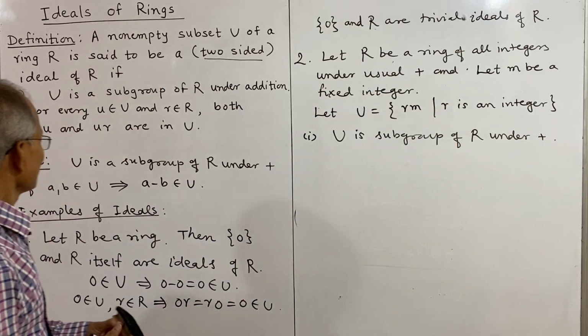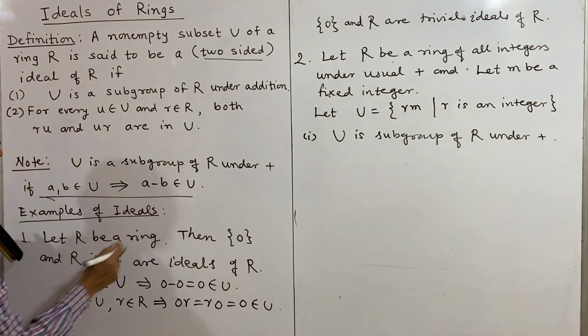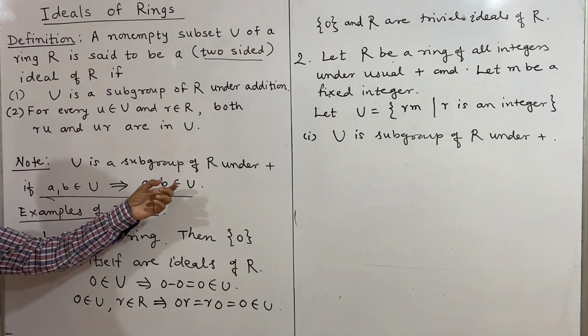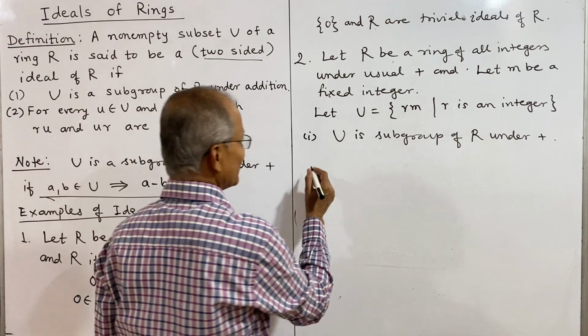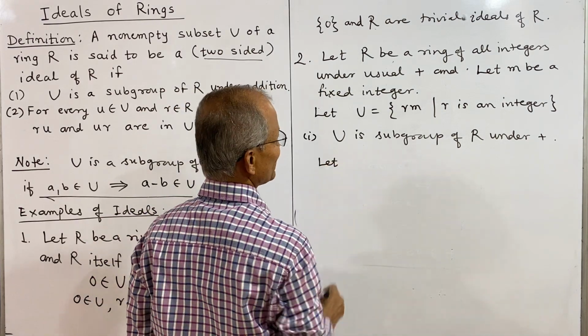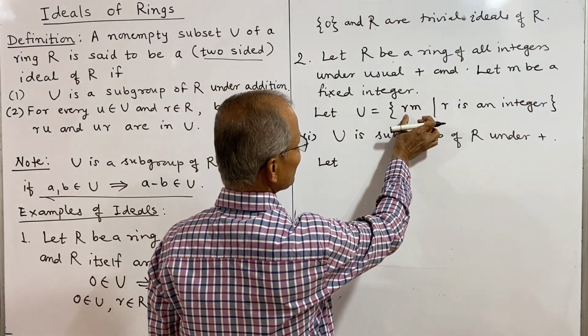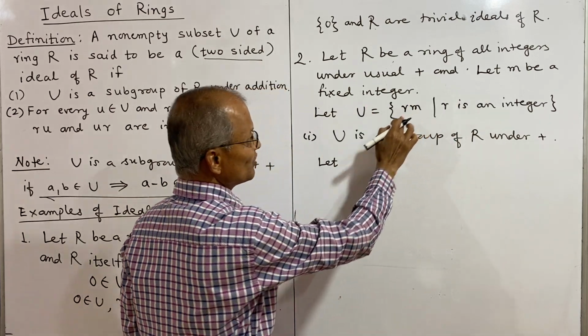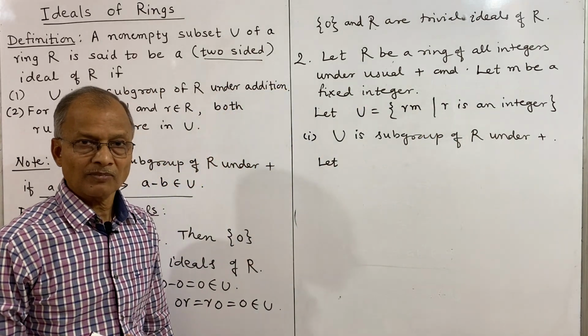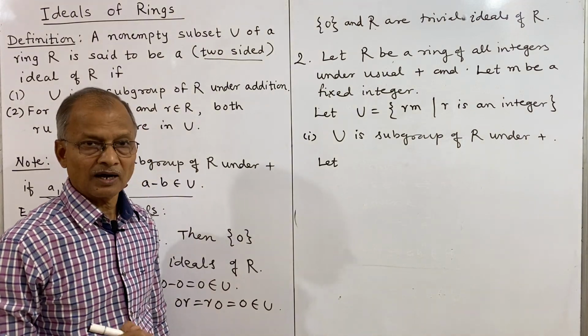Now to prove this, we shall use this condition. Take two elements in U and show their difference, a minus b, is also in U. Let us consider two elements in U. See, r is varying here, m is fixed, and therefore two elements in U can be taken as r1m and r2m.